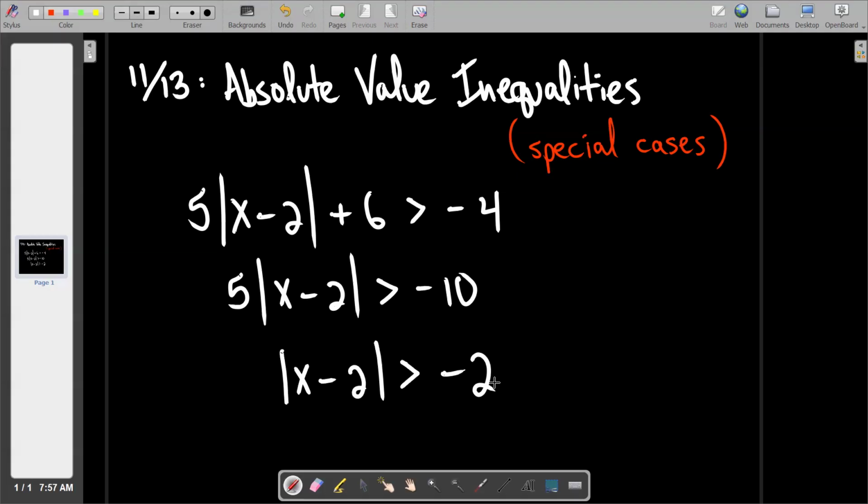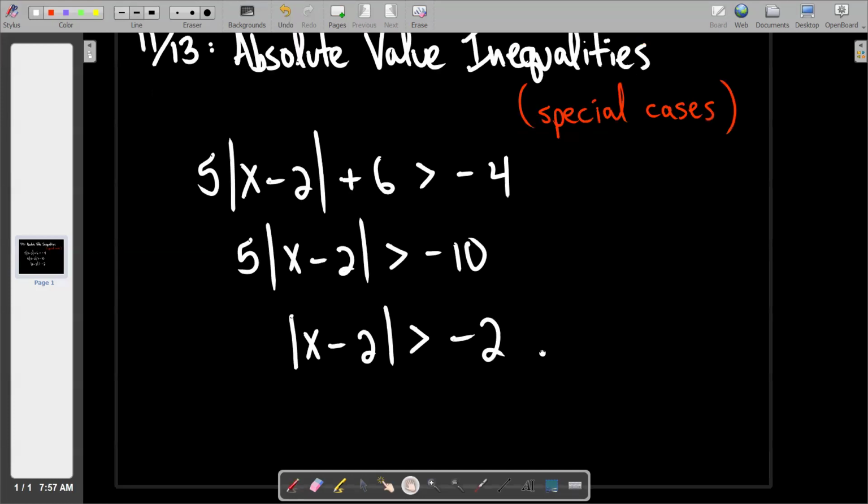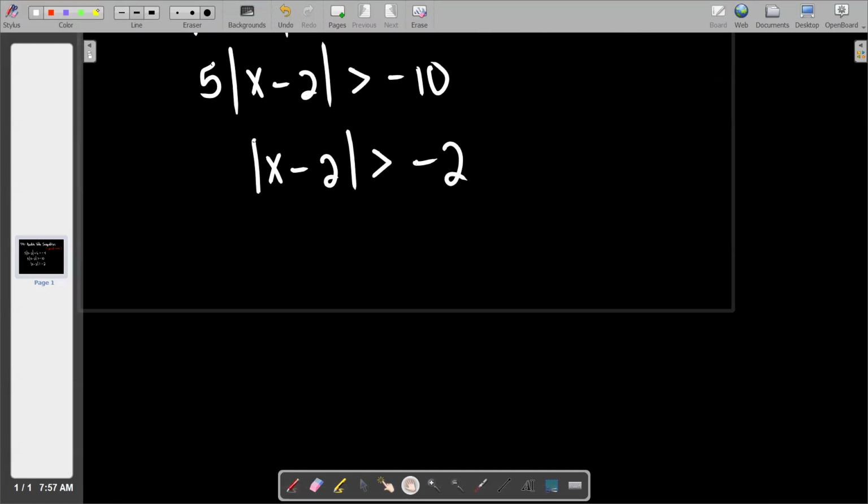If I sat here for an hour and took this thing in the yellow circle and just kept plugging numbers in place of x, like 50, negative 16, 0, negative 42, anything you want, and then whatever number I put in, I subtract 2, and then here's the kicker, I take the absolute value of whatever that is.